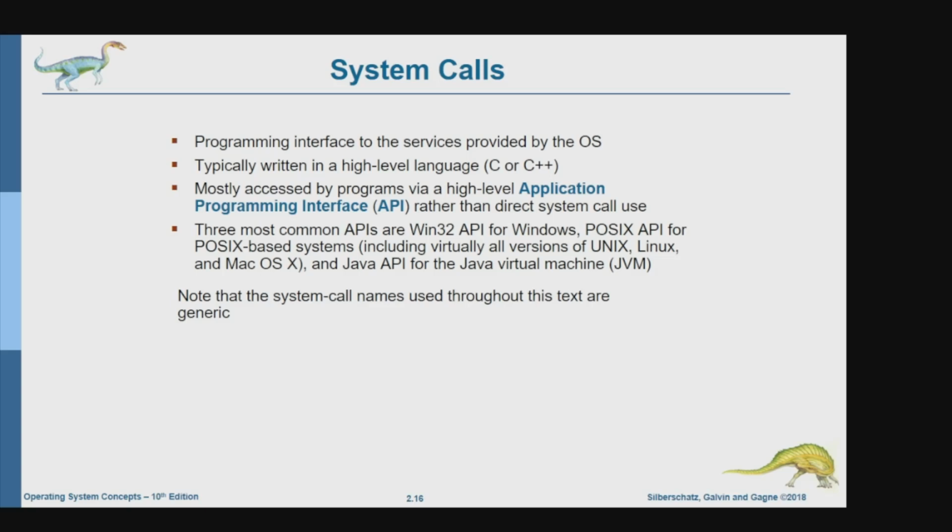This POSIX API includes virtually all versions of Unix and Linux, as well as Mac OS X. And also the Java API for the Java virtual machine. So basically the API differs based on what kind of operating system you use.